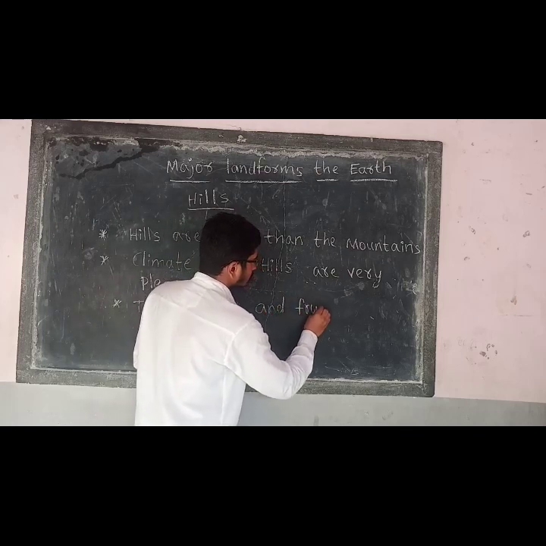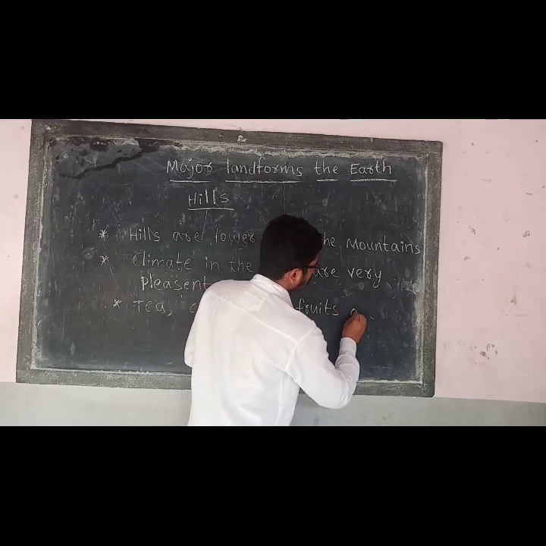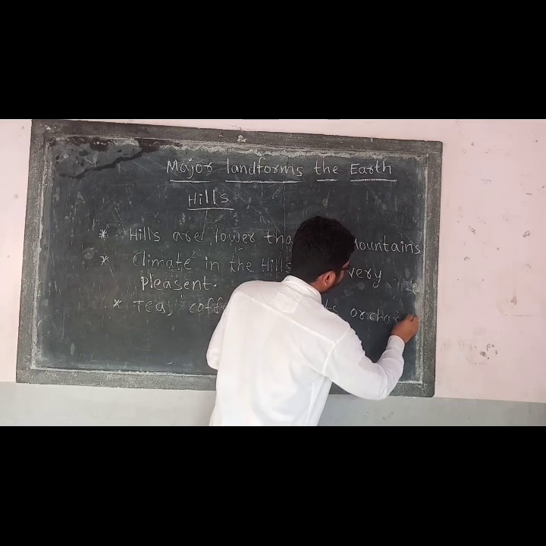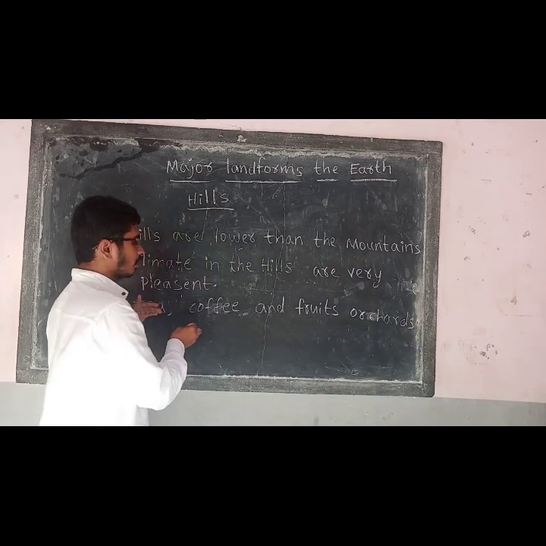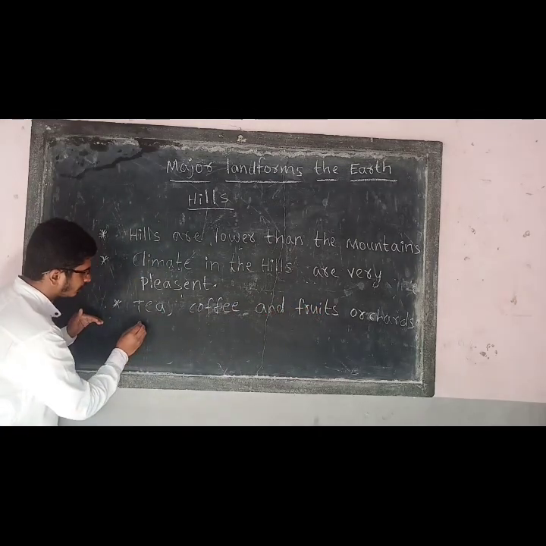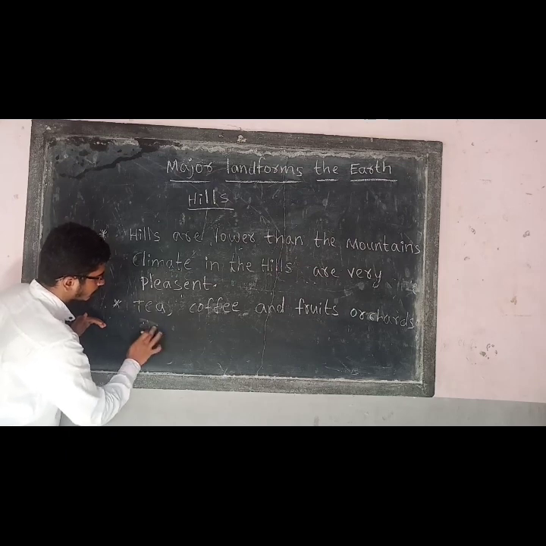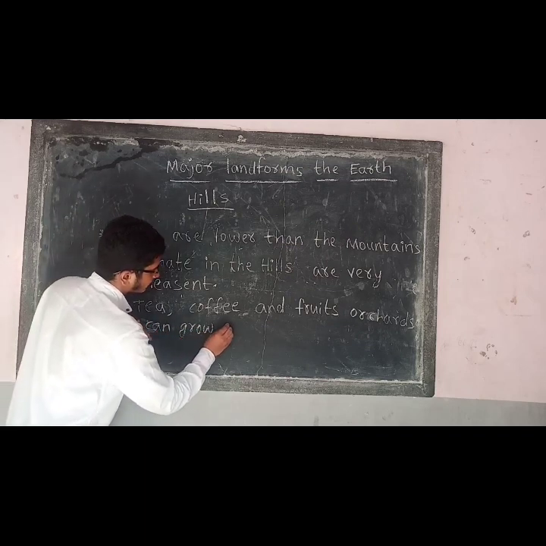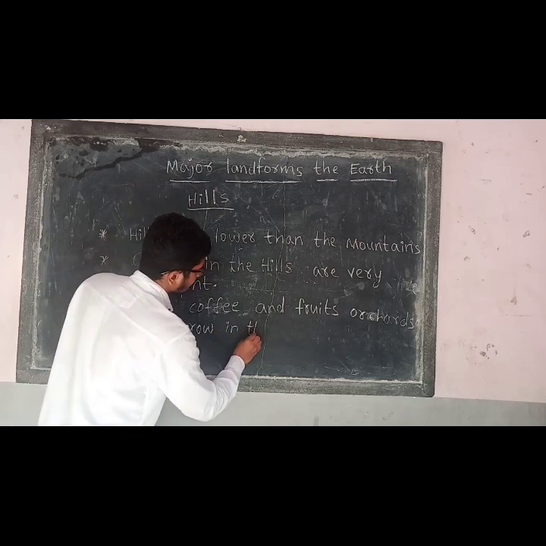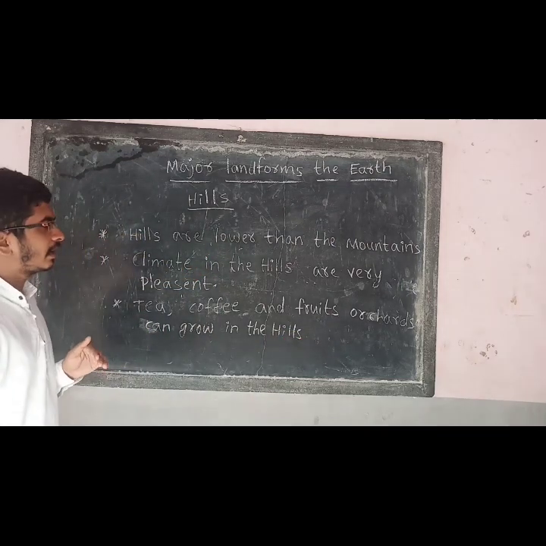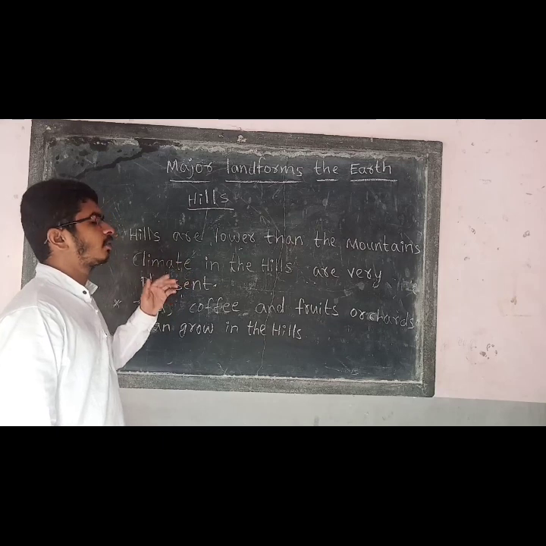These types of fruits, tea, coffee, and these crops we can grow in the hills. Suitable in the hills. Can grow in the hills. Clear? So now we have learnt about the mountains and the hills.